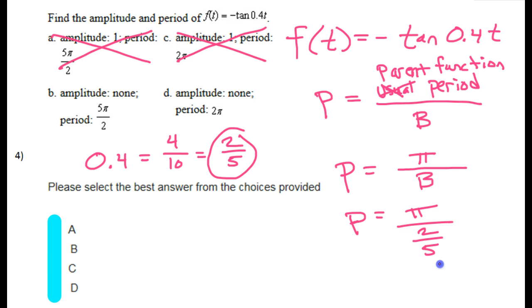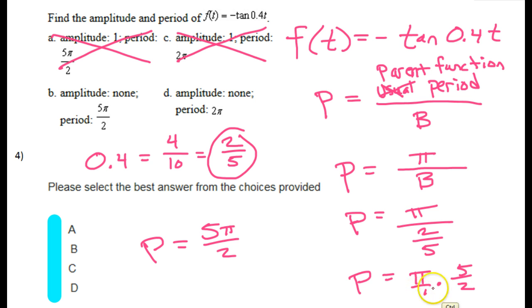Now, because you're dividing by a fraction, you multiply by the reciprocal. So this is going to be pi times 5 over 2. So that period is going to be 5 pi over 2 once you multiply the numerators and denominators.